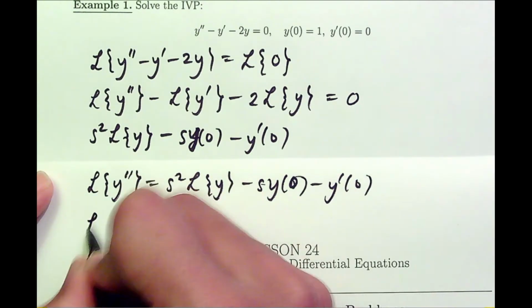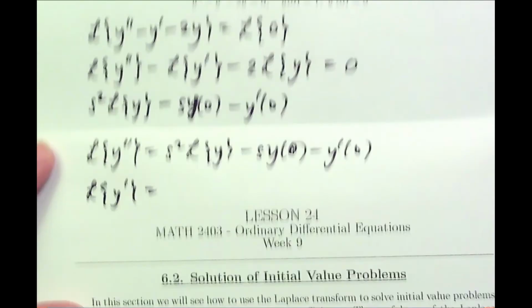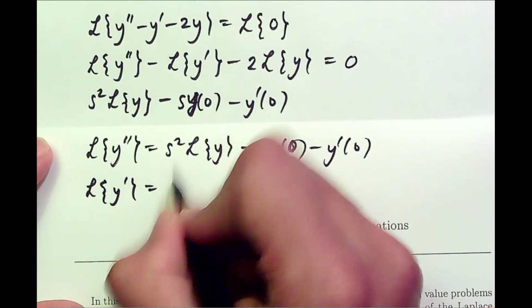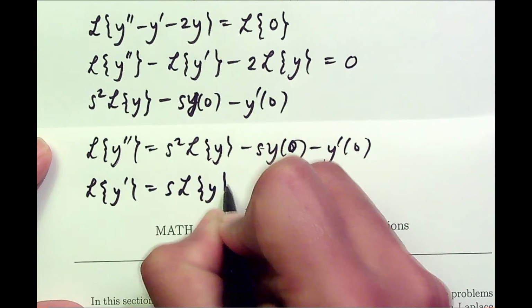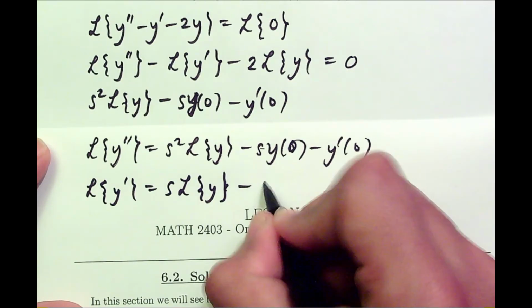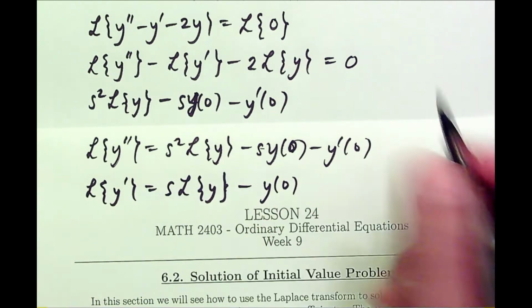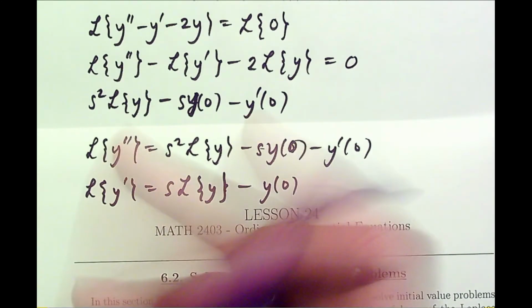And also I'm going to copy the one for the first derivative. That is going to be s to the 1, or s, Laplace transform of y minus y of 0. Okay, these are the first two cases. They come in very handy.